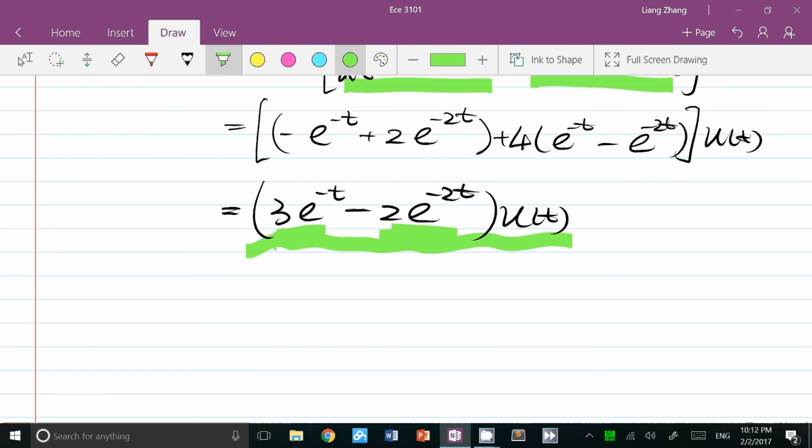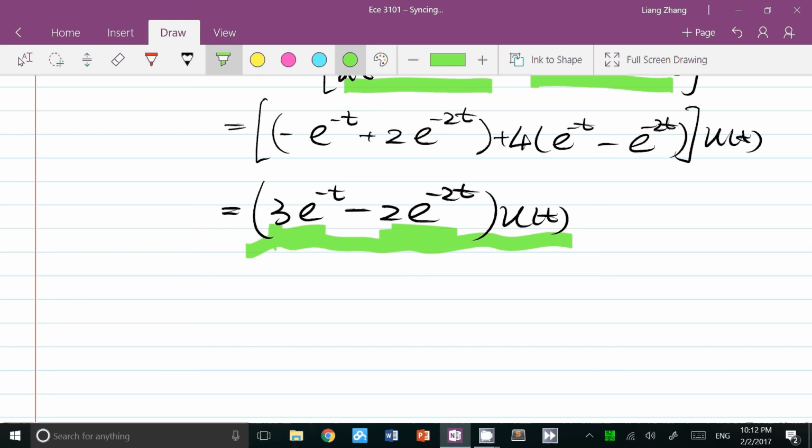That will be going on starting from t equal to 0 to t equal to infinity. If you plot this out, you will see the actual thing.